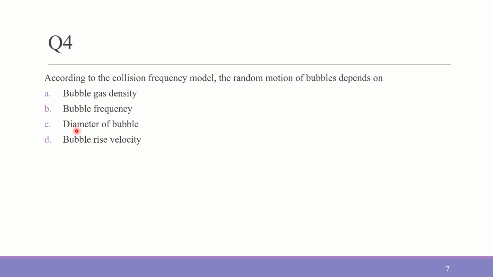So, in the collision frequency model, on what basis does the random motion of bubbles depend? The answer is actually option C, diameter of the bubble. How? What is the equation?